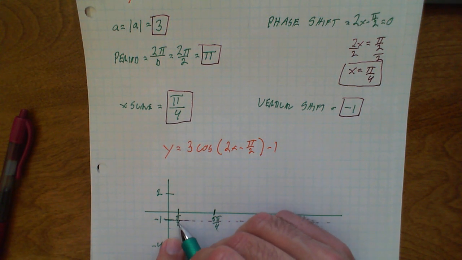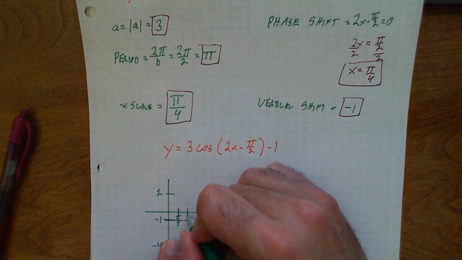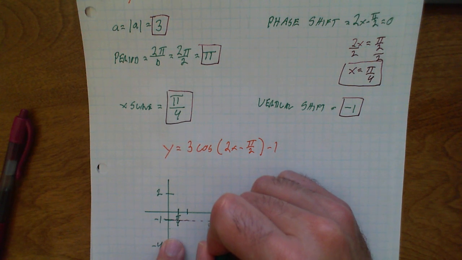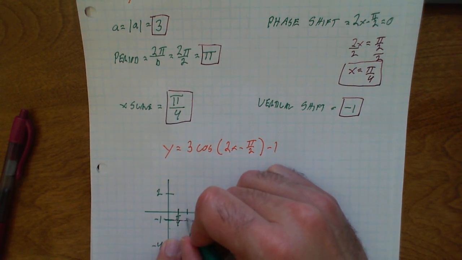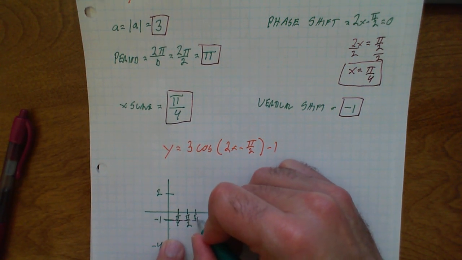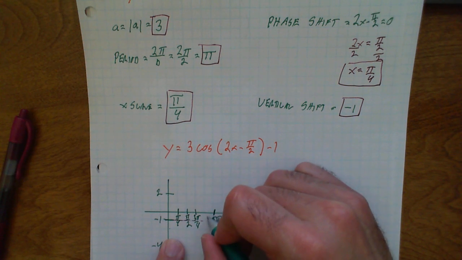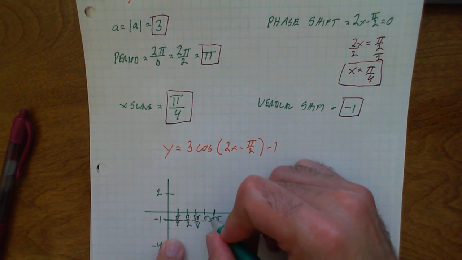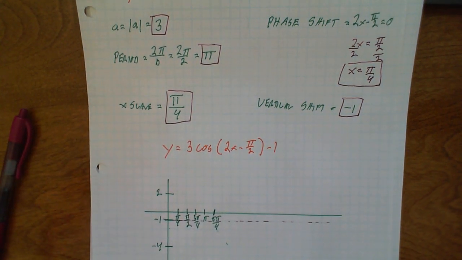So this is pi over 4, this will be 2 pi over 4, which will be pi over 2. This will be 3 pi over 4, and this will be 4 pi over 4, or just pi. Okay? Now I got my 5 points.